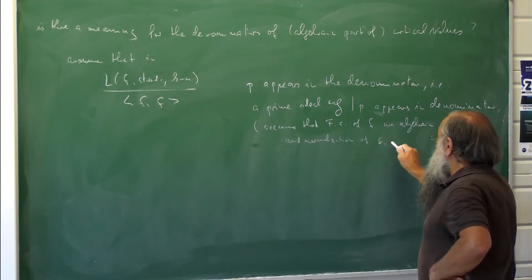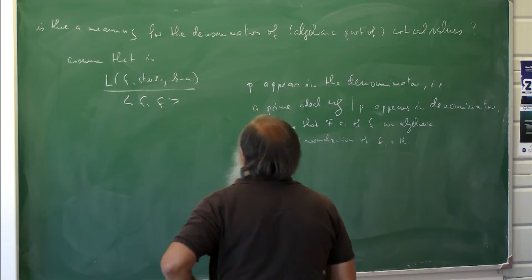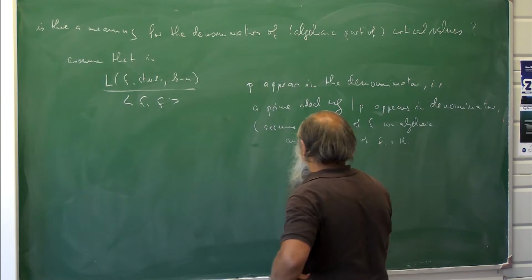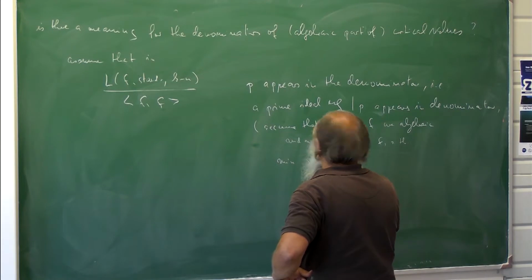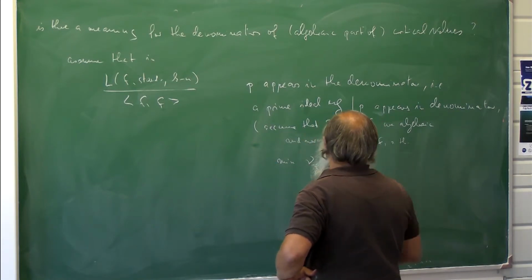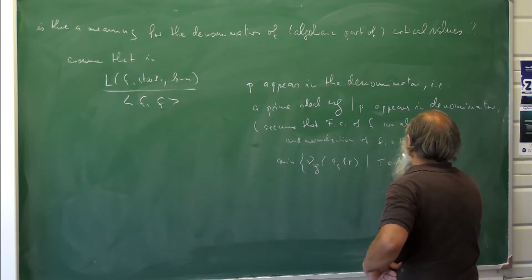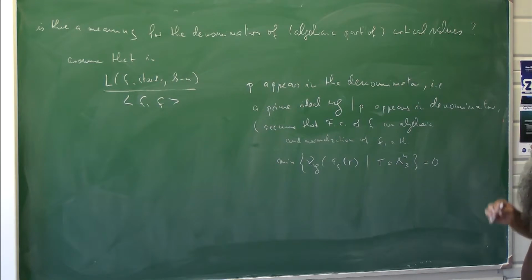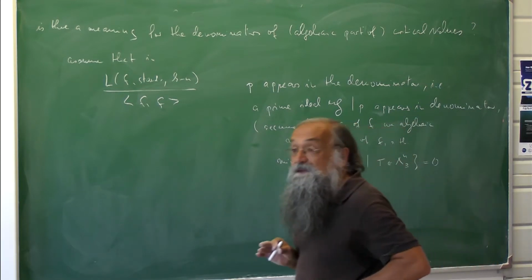Of f such that minimum, so something like this, that the GCD of all the Fourier coefficients is co-prime to our prime p.